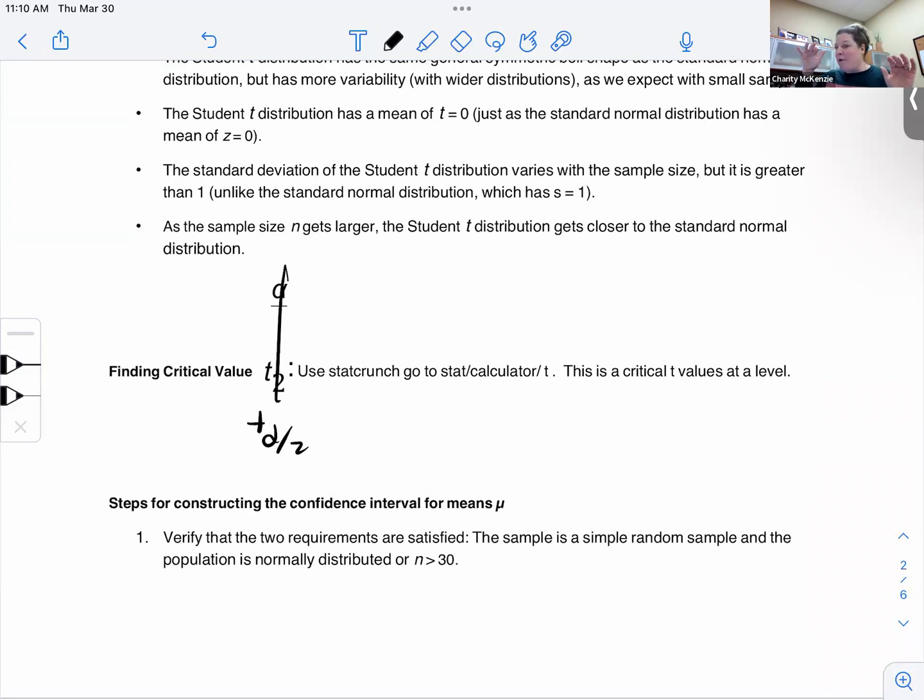It's like I have a probability, I put in like 0.95, and I'm between these two numbers to be 95%, right? It's the same for your T, but the number's a little bit different because it's based off of the number of samples, or that degrees of freedom.